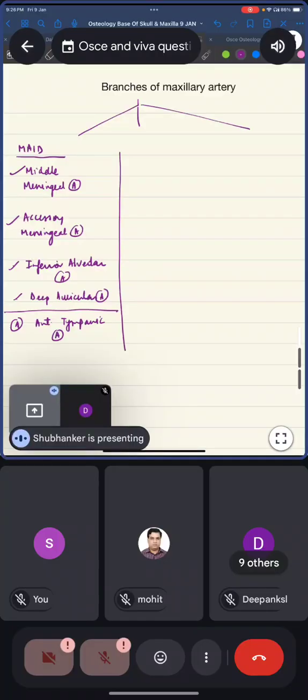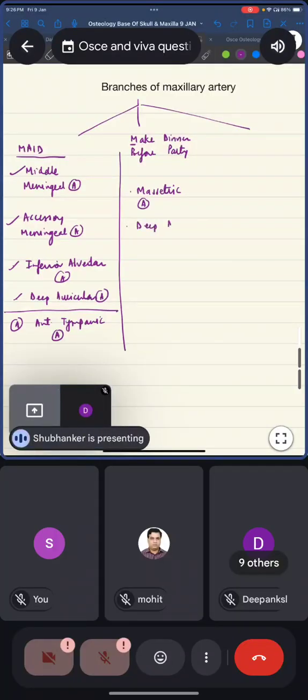Second, what did we tell the maid? Maid ko humne kya bola? Maid ko bola ki please make some dinner before party. What did we tell her? Make dinner before party. What is this? M stands for masseteric artery.